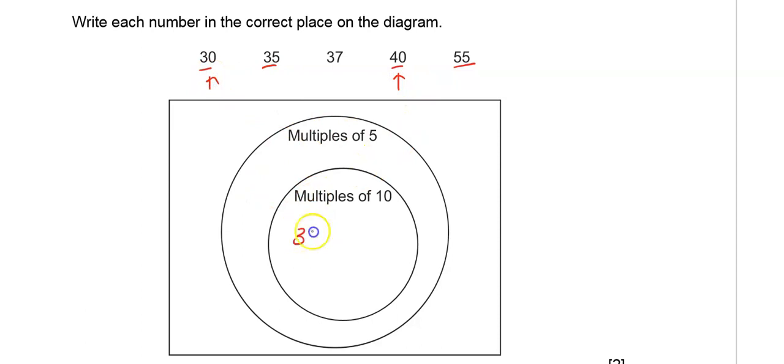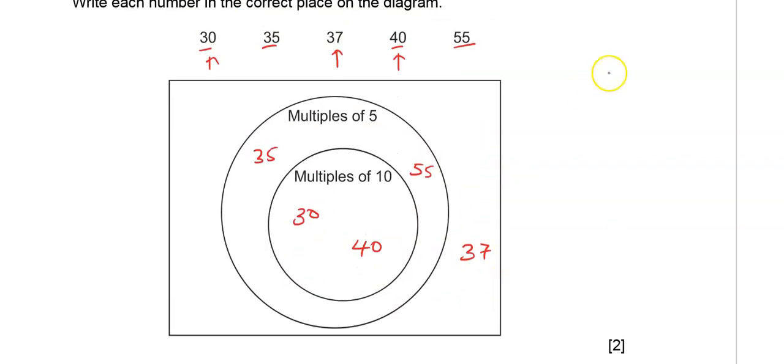So 30 is a multiple of 10 and it's also a multiple of 5. 40 is a multiple of 10 and it's also a multiple of 5. But 35 is not a multiple of 10, but it's a multiple of 5. And 55 is also a multiple of 5, though it's not a multiple of 10. 37 is neither a multiple of 5 nor a multiple of 10, so we place it outside.